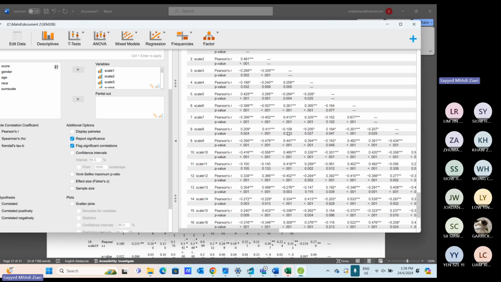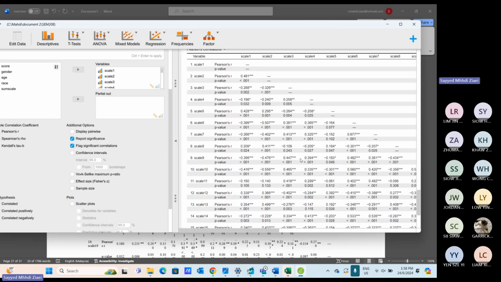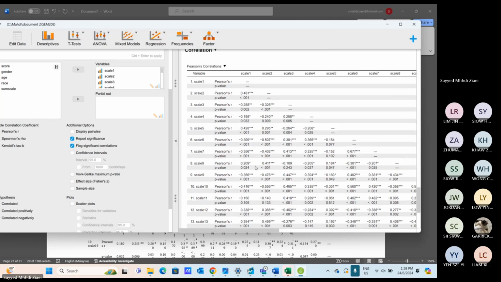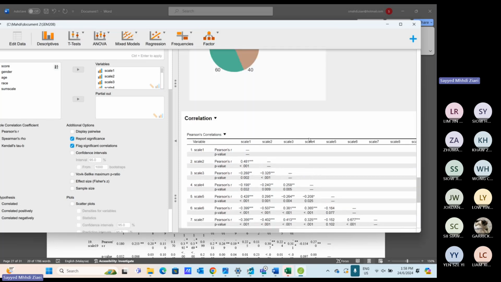This one is insignificant. It means there is no correlation between scale 3 and scale 8. Then this one is not significant. There is no correlation between scale 17 and scale 4.